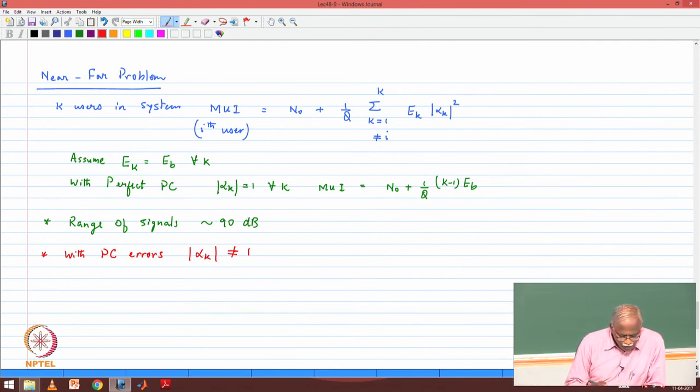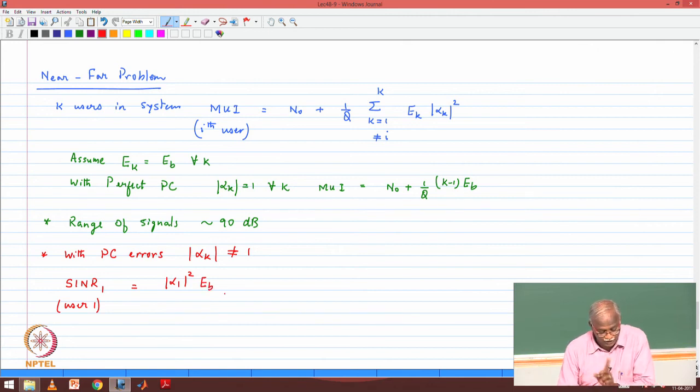Now, how does it affect the SINR of each user if power control is not perfect? So, the SINR of user 1, how does that look like? The SINR of user 1 will be mod alpha_1 squared E_B by N naught multiplied by dg_1, notice that mod alpha_1 is not equal to 1, where dg_1 is the degradation that is going to be caused by the multi-user interference.